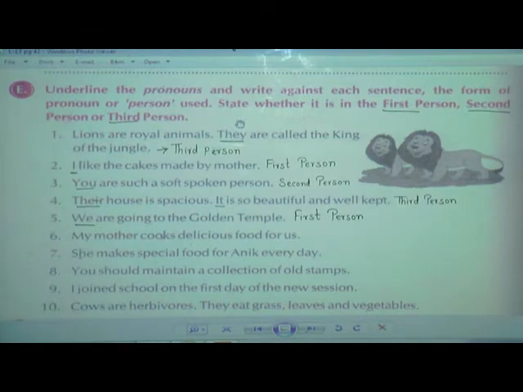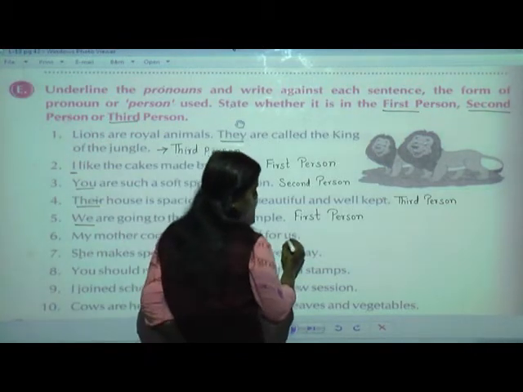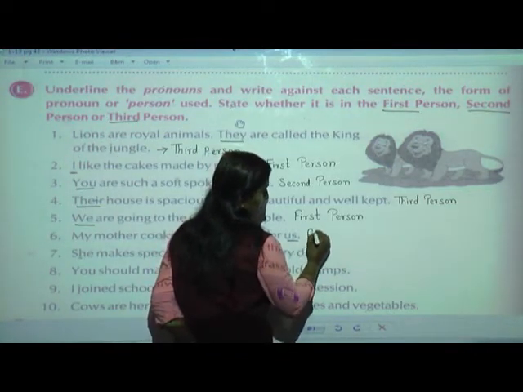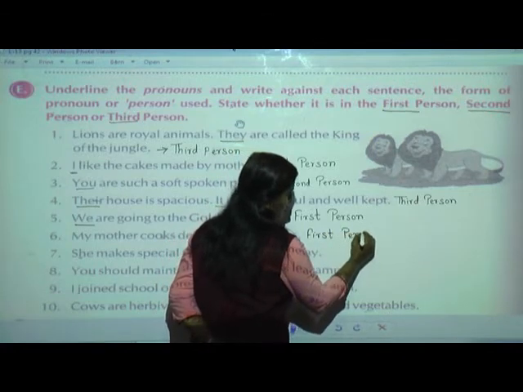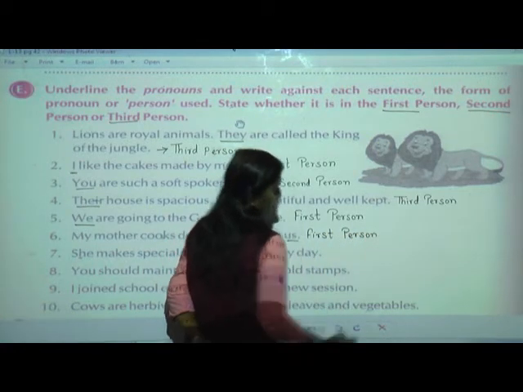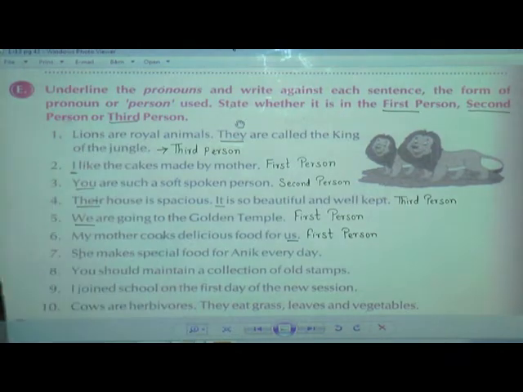My mother cooked delicious food for us. Yes, us, that is first person. While writing this, you have to refer to the table which is given on page number 41. She makes special food for Anik every day.